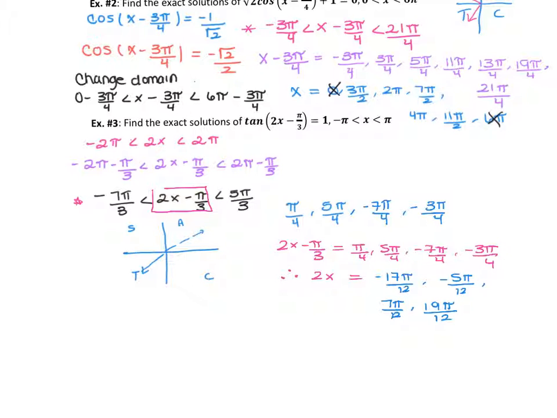You're going to lastly divide everything by 2 to get x by itself. And you get x is equal to negative 17 pi over 24, negative 5 pi over 24, 7 pi over 24, and 19 pi over 24. That is your final answer.